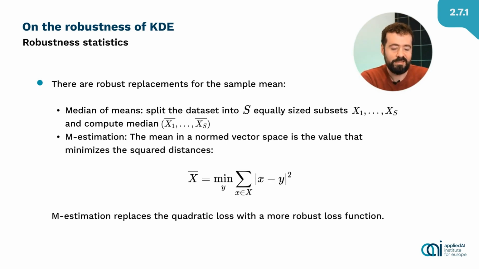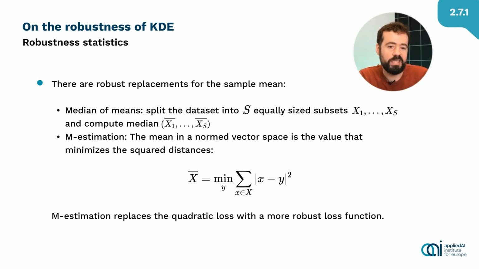Another very classical but also effective method is the so-called M estimation. And it rests on the observation that the sample mean can be described as the solution of an optimization problem, namely the one that tries to find the y that minimizes the squared distance to all the other points in the data set. So this will be the mean. The solution of this equation will be the mean.